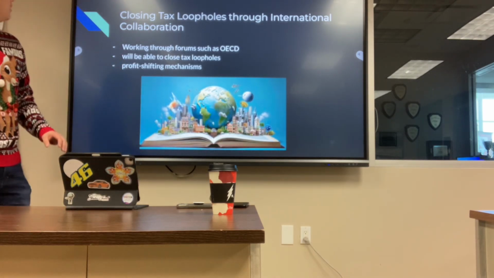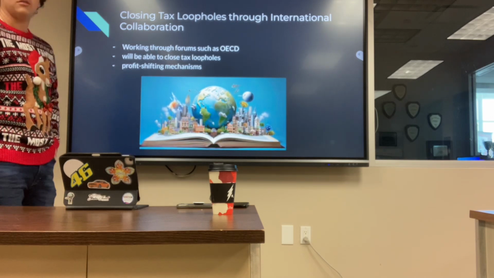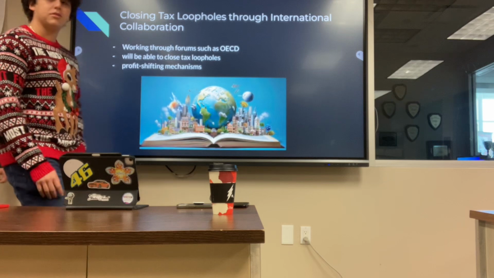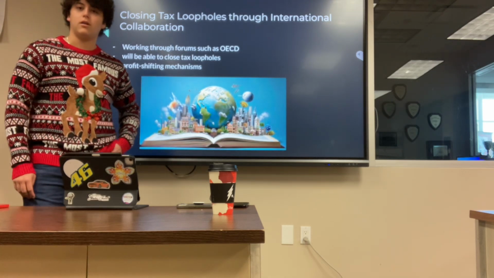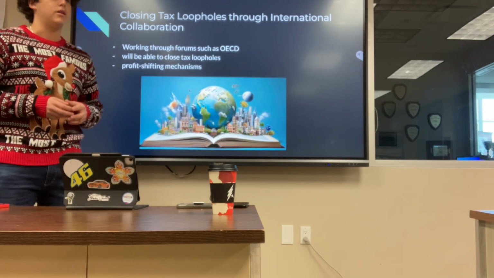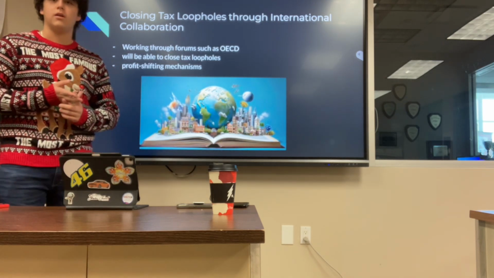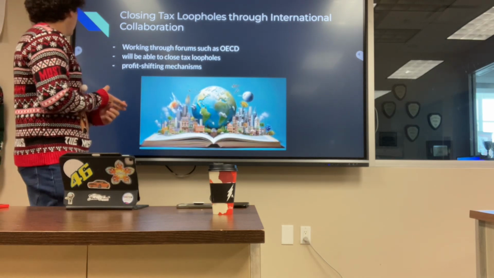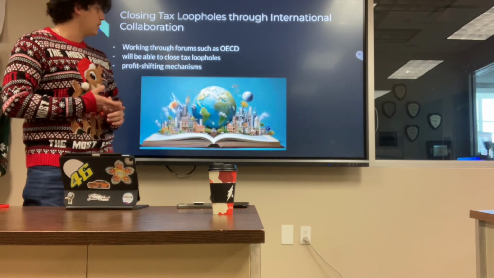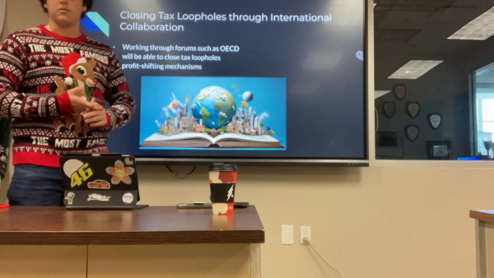All right, so closing tax loopholes through international collaboration. There's an organization called the OECD. Basically, the OECD is a group of governments working together to provide economic growth as well as more jobs. Through the OECD, we'll be able to close tax loopholes and profit shifting mechanisms as well.